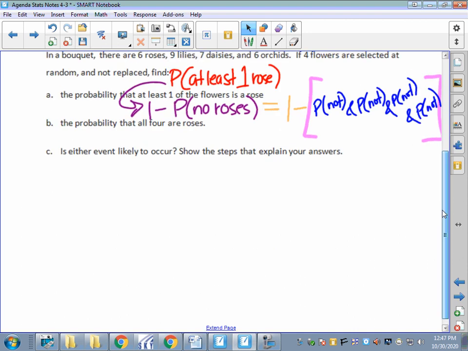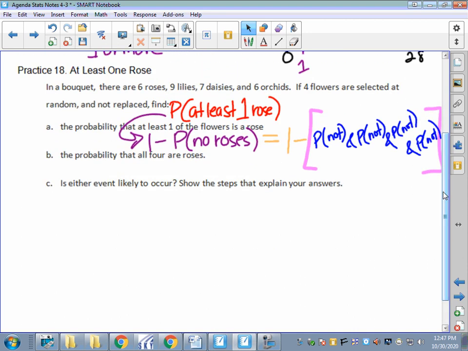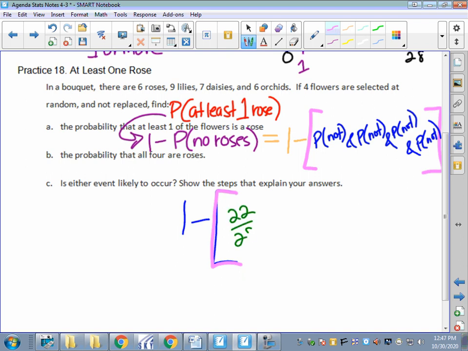So the probability of the first one being not a rose, there's 6 roses, there's 28 flowers, favorable over possible. Not a rose would be what, 22 flowers out of 28? That's my first one.